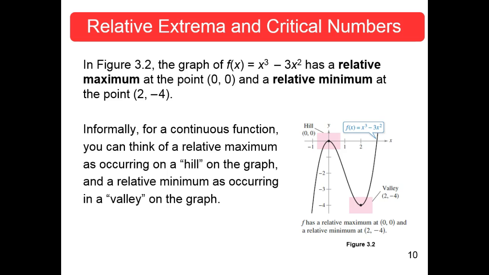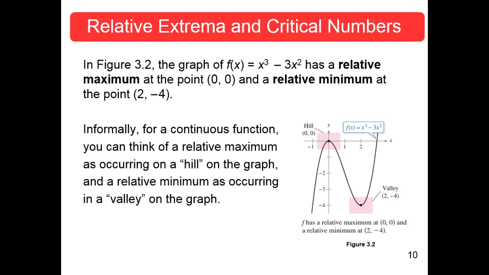It also has a relative minimum down here, not an absolute minimum, because this keeps going south here without end. I mean, it goes on forever. But in this general area, that's your nearest value. That's as low as you can go within some reasonably close value to that point. Okay? So, relative maximum at 0, 0, relative minimum at 2, negative 4. 2 for x, negative 4 for y.